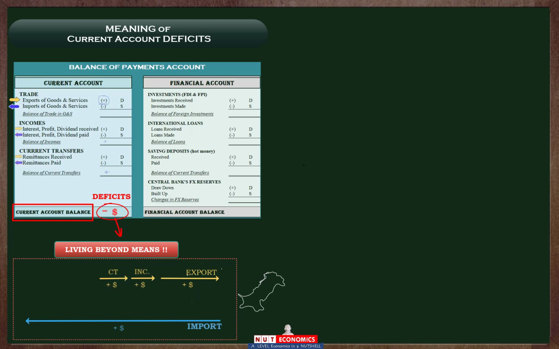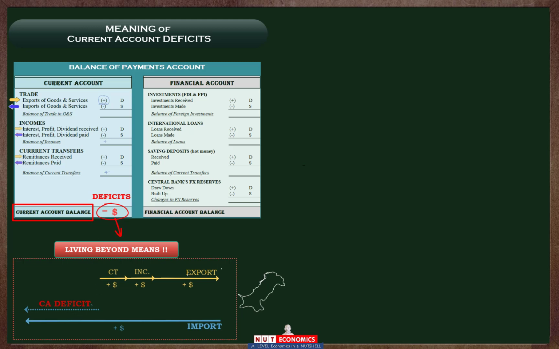This is how you would think about it: your total dollar inflows because of your exports as well as current transfers and incomes, when they are less than the amount of dollars that you spend on imports, then this excess outflow of dollars, this excess spending on imports, this is what is known as your current account deficit. This is what shows up here as a negative value.